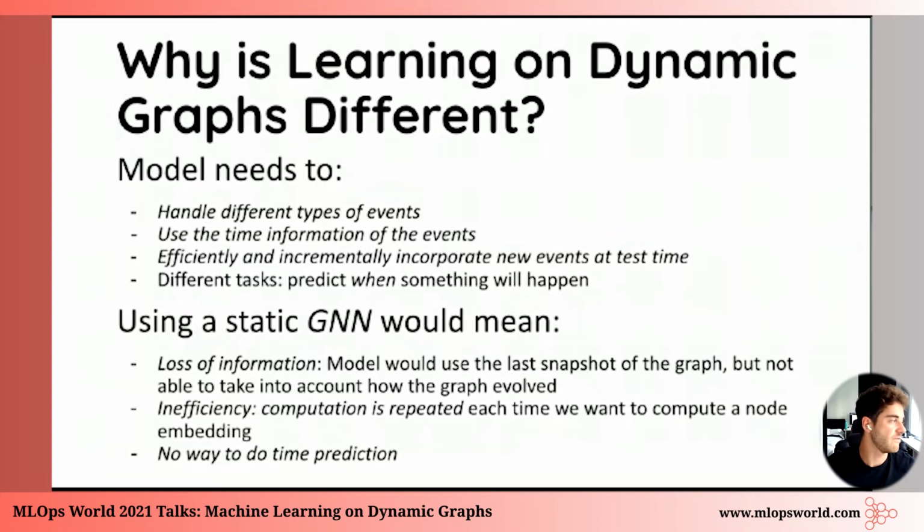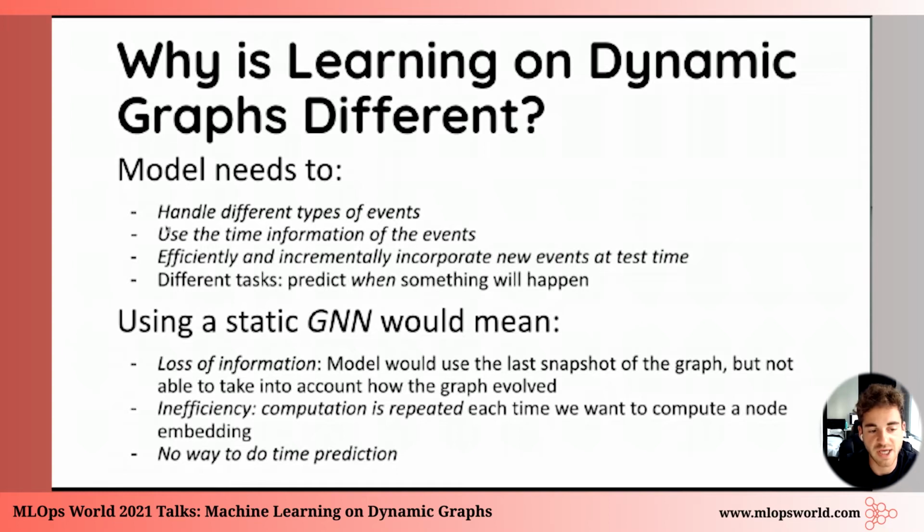Then a very legitimate question is: why do we need a new class of models for dynamic graphs? Why can't we just use the same models which have been developed for several years to deal with static graphs? The reason is that dynamic graphs are quite different. The model will need to handle different types of events, so creation, deletion, and changes, which you don't have in static graphs.